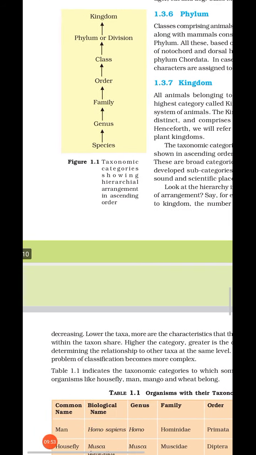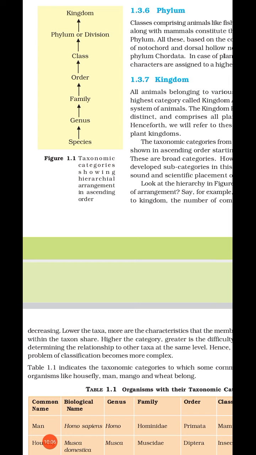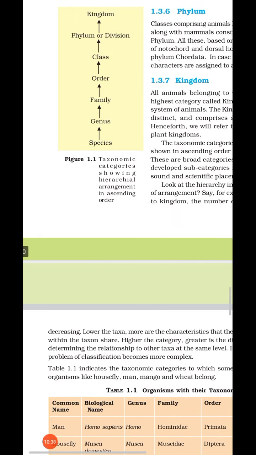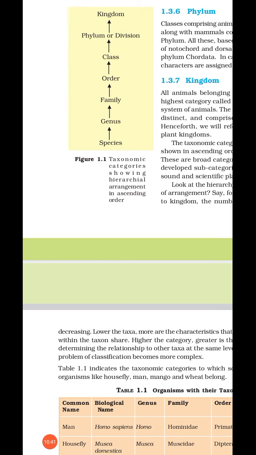The lower the taxa, the more characters will be similar. Members of a particular species will have more similar characters. In the kingdom, the highest one, the members share very few similar characters. So the higher the category, the greater is the difficulty of determining the relationship to the other taxa.